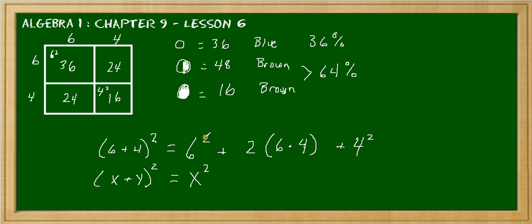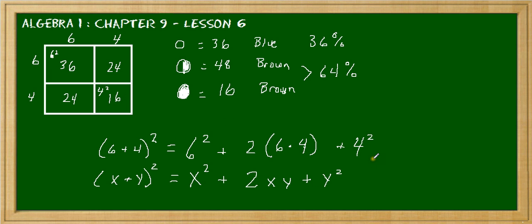But we're going to see that we can do the same math here. Then we have plus 2 times, because remember there's going to be 2 of these, 2 times x times y, or 2xy. We're substituting the x for 6, and we're substituting the y for 4, so it would be 2xy. And then lastly, we would have the y, which we have squared. Remember, we did that up here with the 4, so we have y squared.